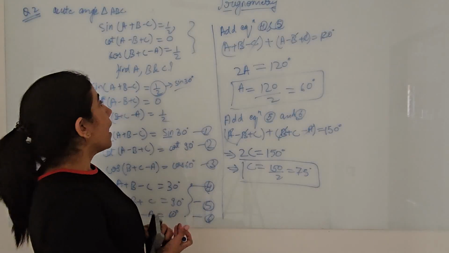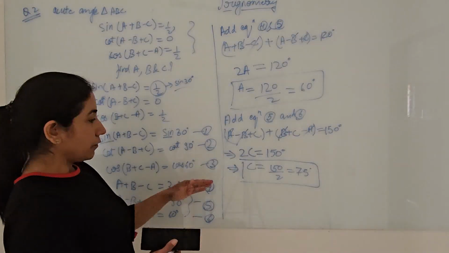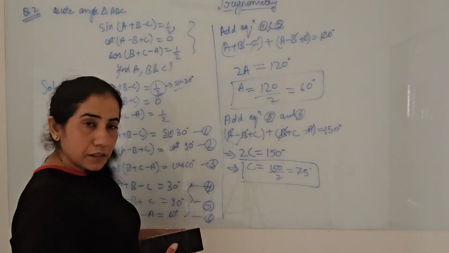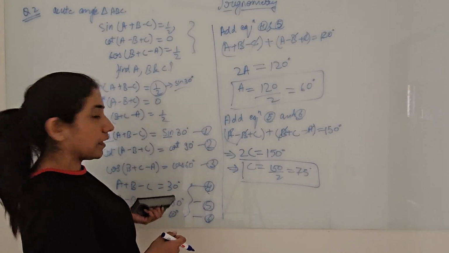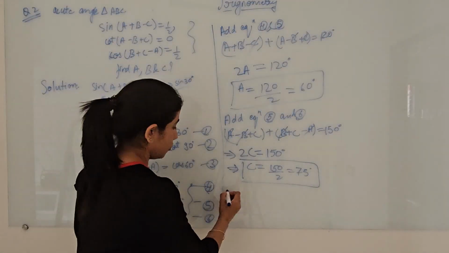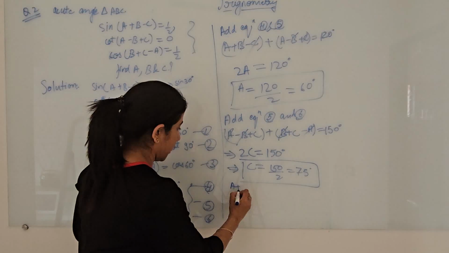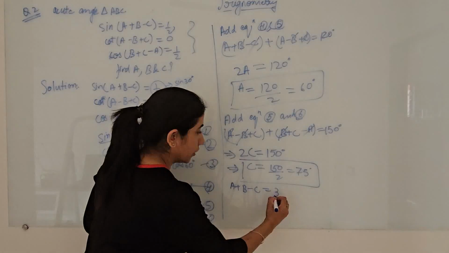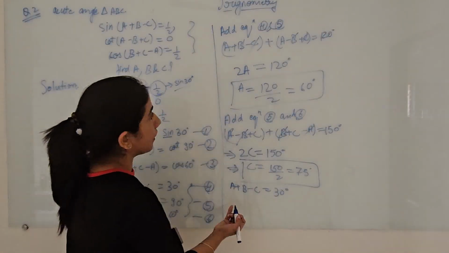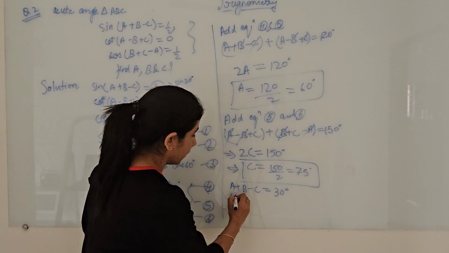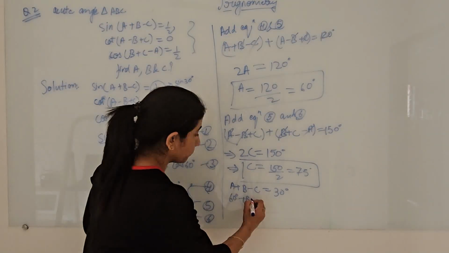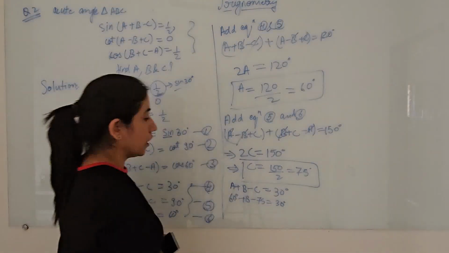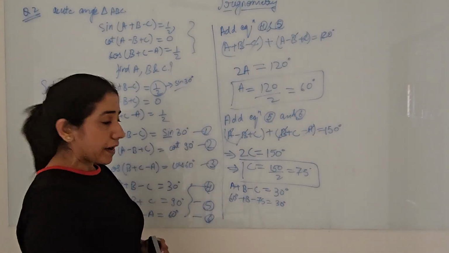Now for the last angle, I can directly put the values of A and C in any of the equations 4, 5 and 6. Let's say for example, I will take equation 4 only. The fourth equation is A plus B minus C is equal to 30 degree. Putting the values, A is 60 degree plus B minus C, which is 75 degree, is equal to 30 degree. Solving them, 60 minus 75 is minus 15.